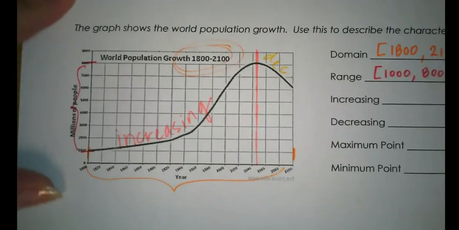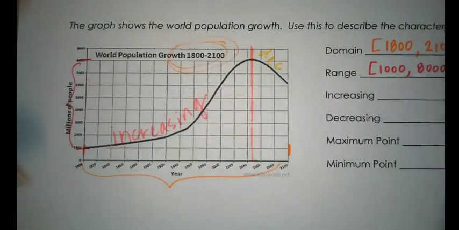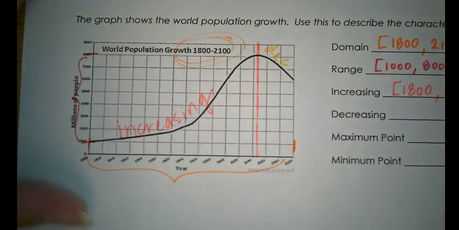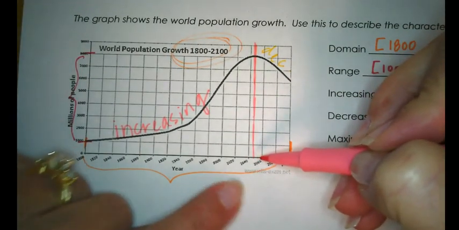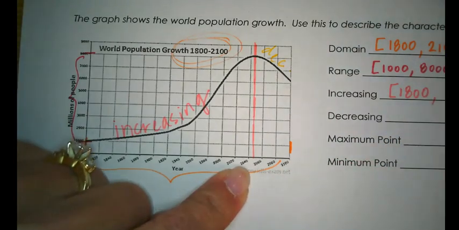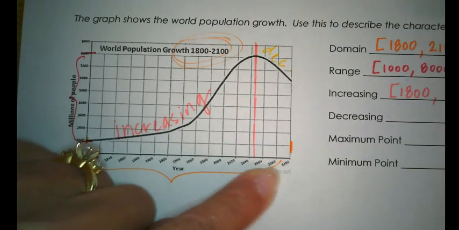decreasing. So when we go over to the increasing, starting in 1800, which is our starting point, that gets a bracket, and continuing through, well, this looks like 2000, this looks like 2020, this looks like 2040, so it looks like it's going up by 20s.